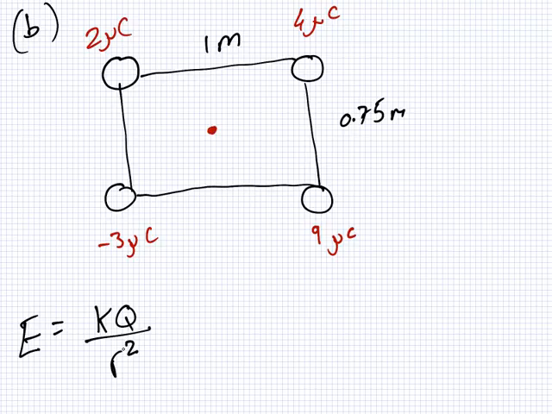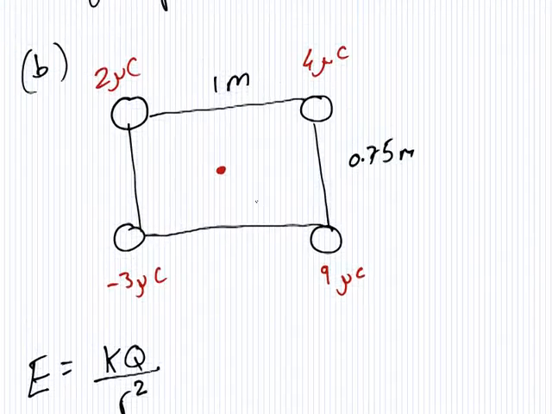There's an electric field from this one, this distance, this one, and this one. There are 4 fields, so I have to use this formula 4 times. So this is plus, this is plus. Let's do this one at a time.